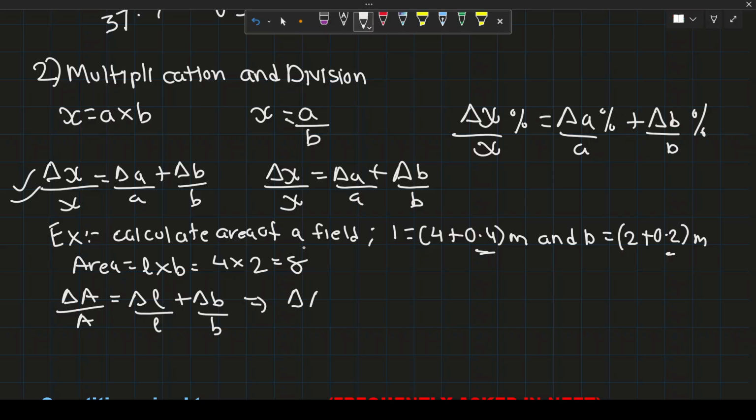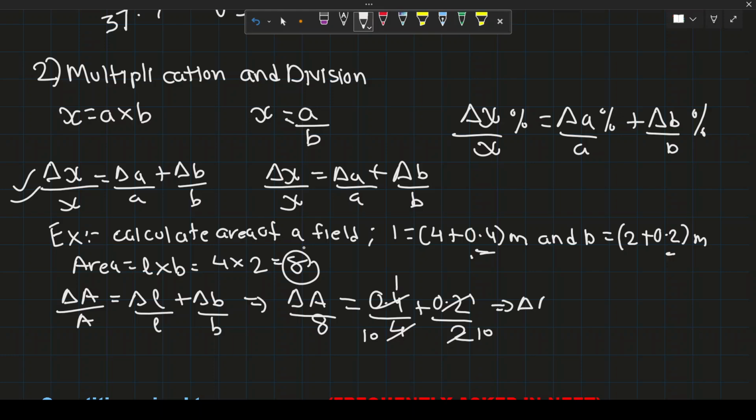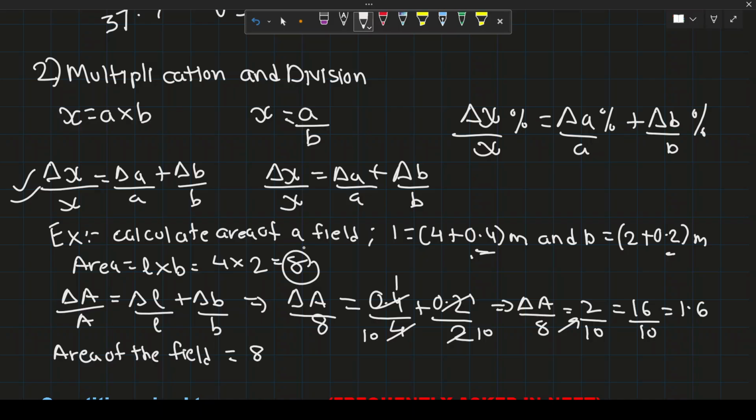So here we need to find delta A. Area, which we found out as 8, so delta A by 8 is 0.4 by 4 plus 0.2 by 2, which is 2 by 10, so delta A is 16 by 10, which is 1.6. So the area of the field will be 8 plus minus 1.6 meters.